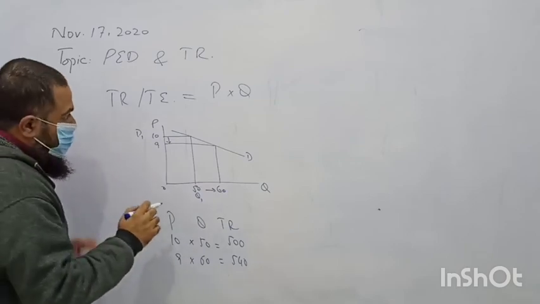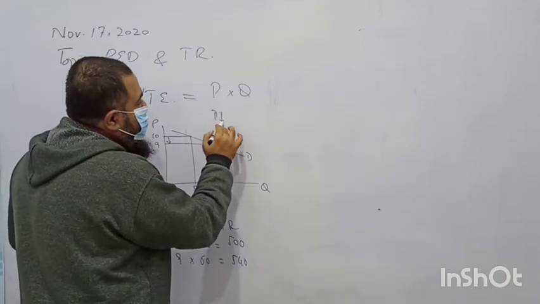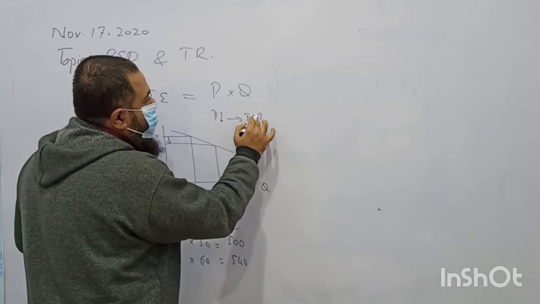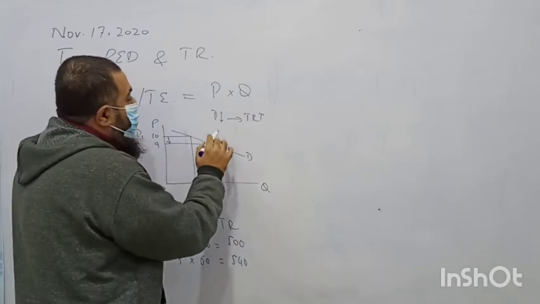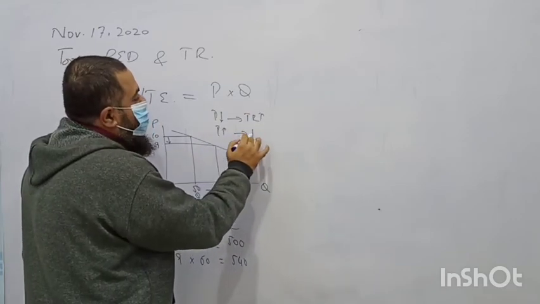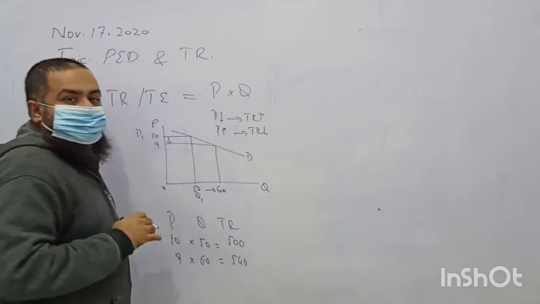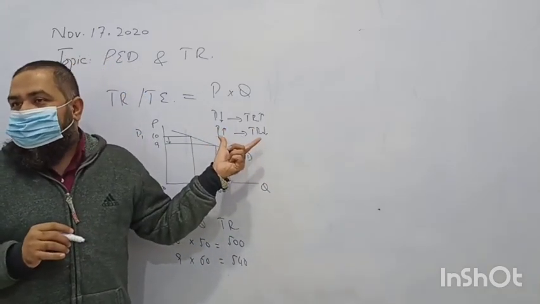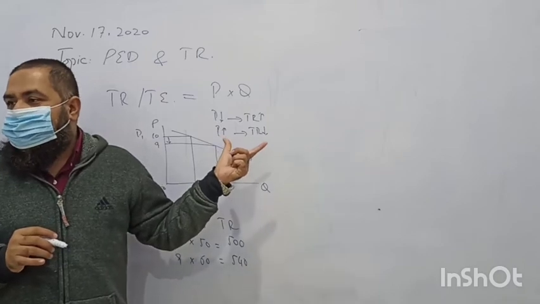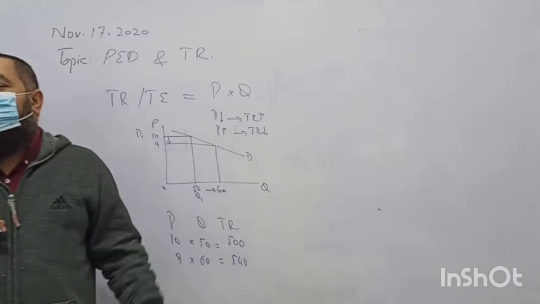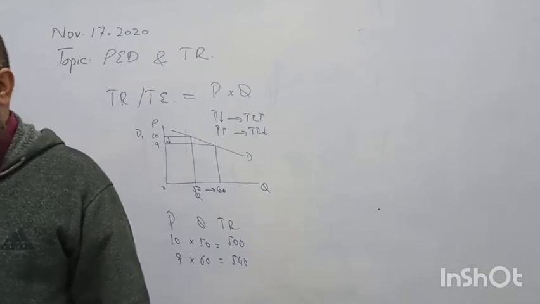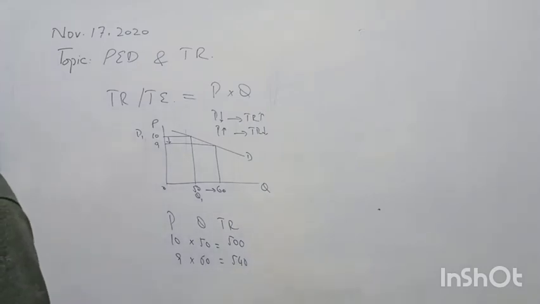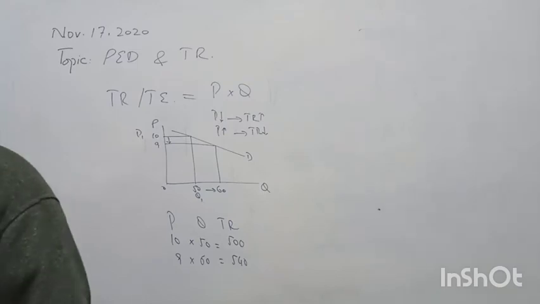So when price decreases and total revenue increases, or price increases and total revenue decreases, they move in opposite direction. We say this demand curve will be elastic. This is an elastic demand when by decreasing price the total revenue of the seller is increasing.